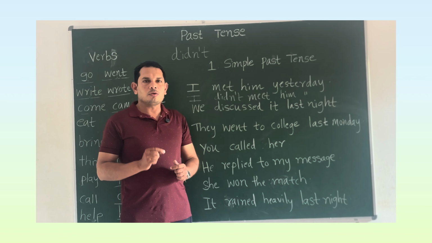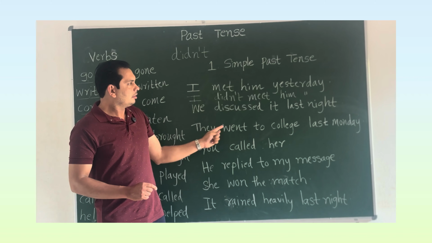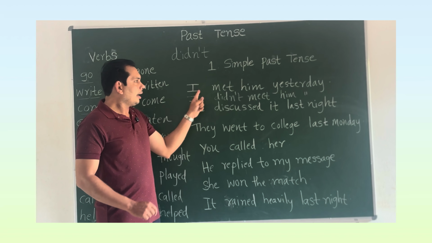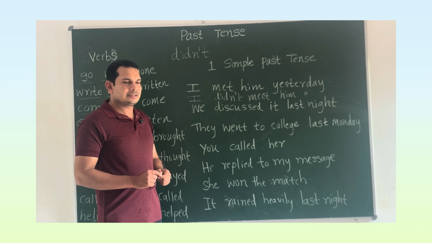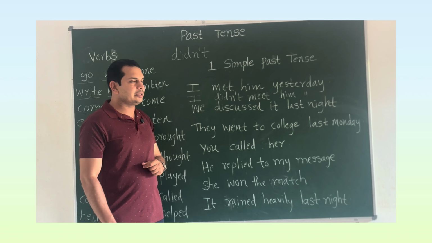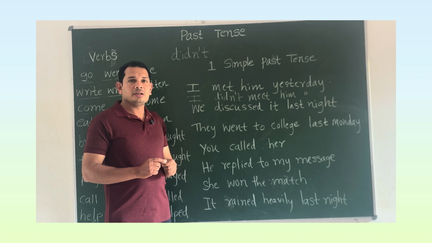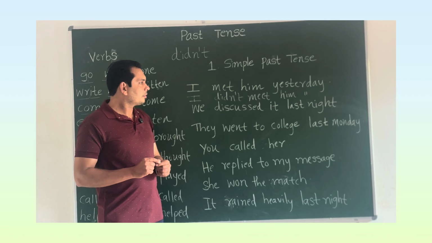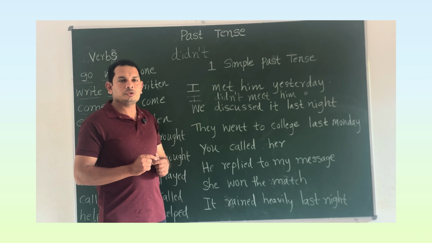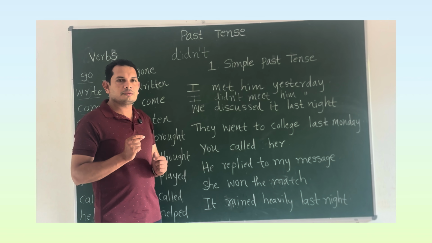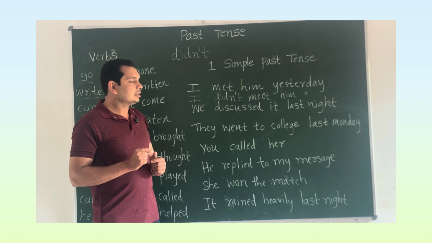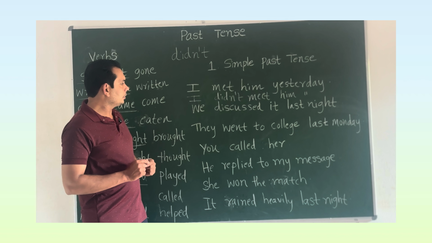Now let's learn how to frame questions for these sentences. I met him yesterday. First sentence here. I met him yesterday. Did I meet him yesterday? When we are to form questions, we have to use the base form of the verb or the first form of the verb, not the past form of the verb.